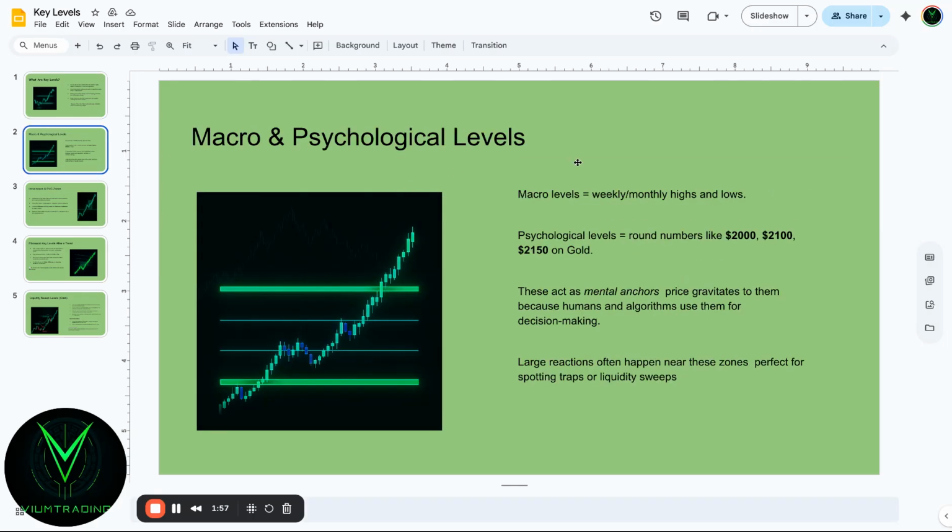First of all, we're gonna start with the most basic one, known as the psychological level. Those are levels where the price looks like this, like 2000.